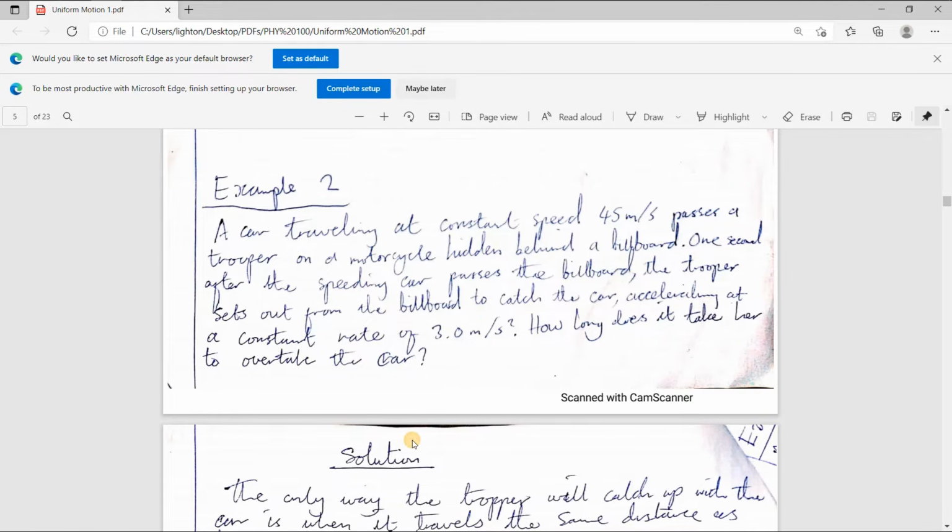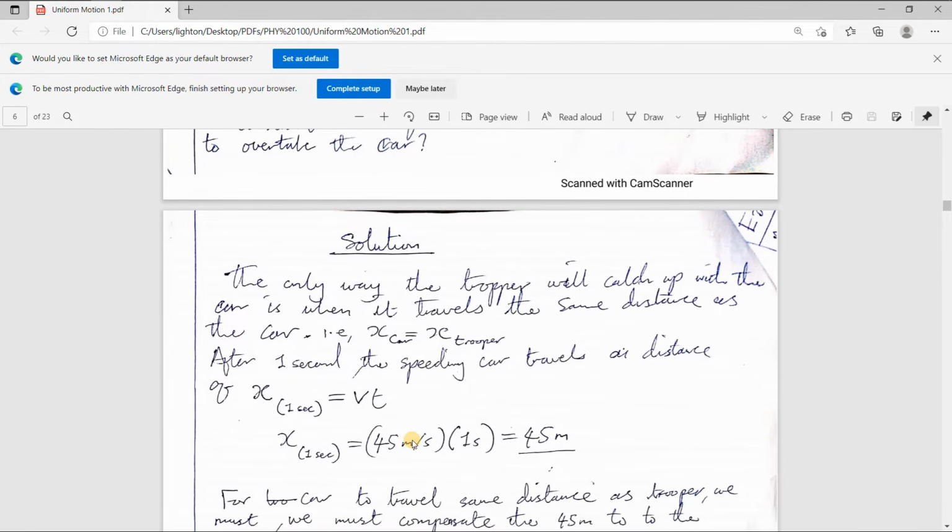Alright, so solution. Now the only way the trooper will catch up with the car is when it travels the same distance as the car. That's the only way you can catch up with someone. You have to travel the same distance as the other one.